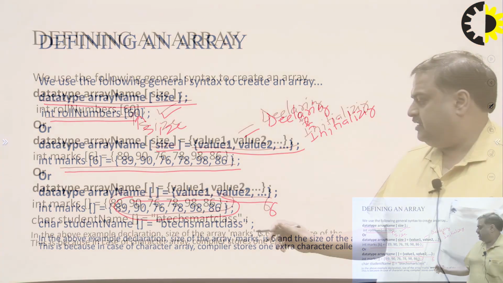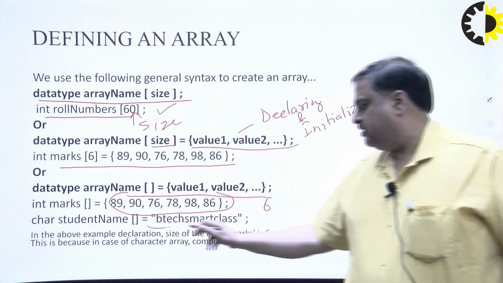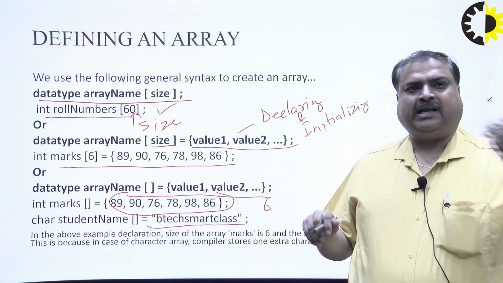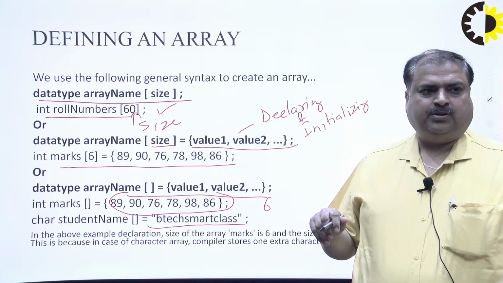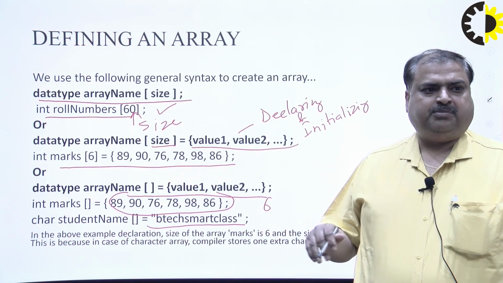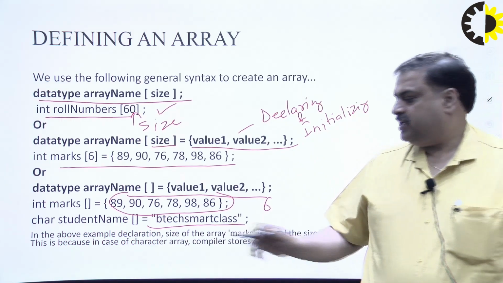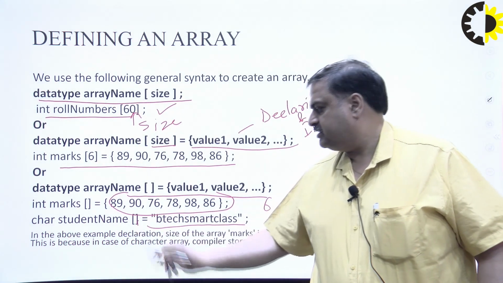Now, in another example, I may provide a string to a character array, which is allowed. So, I am providing BTech Smart class as a string to a character array without specifying the size.